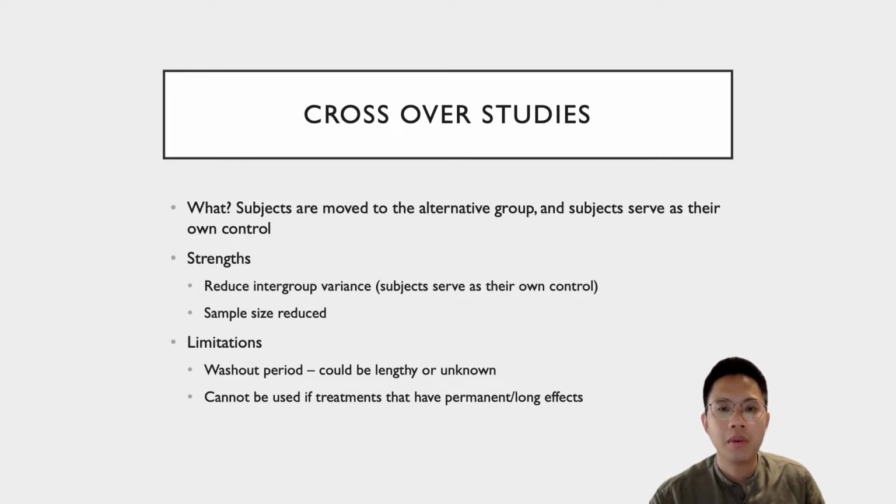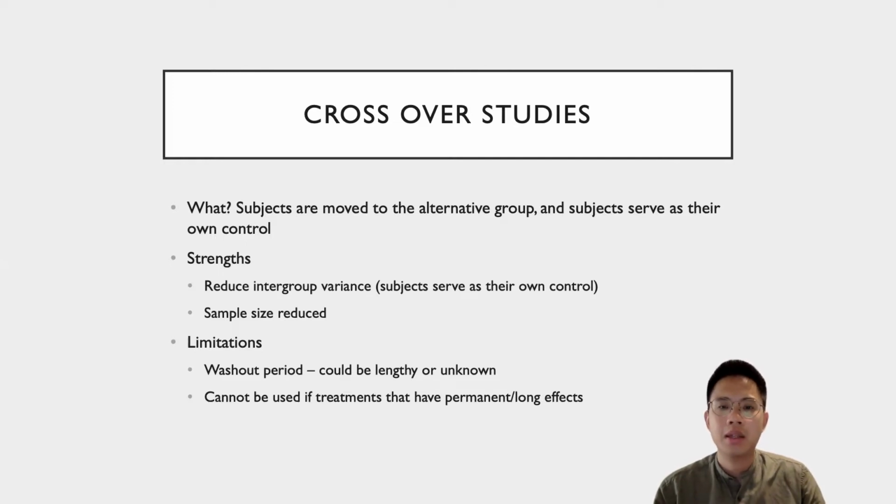For example, if you give patients certain medications like immunosuppressants that may have long-term effects, or even bisphosphonates that may have a long-term effect on osteoclastic and osteoblastic activity, then studying these drugs in a crossover fashion may not be so ideal.